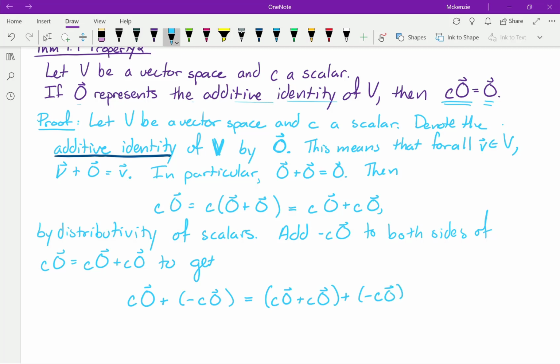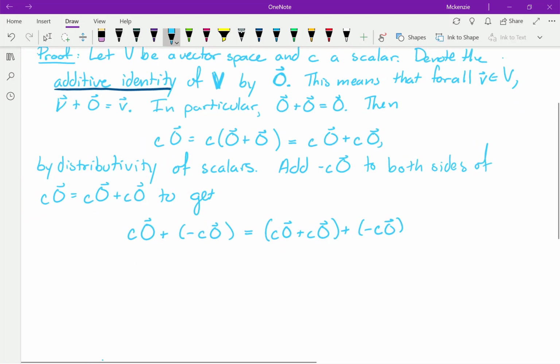So again, we're being a little bit careful. Minus C0 might not be just make all the values negative, because again, it might not just be lists of numbers. But it does mean that this is the additive inverse.